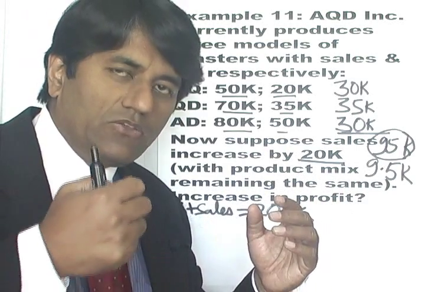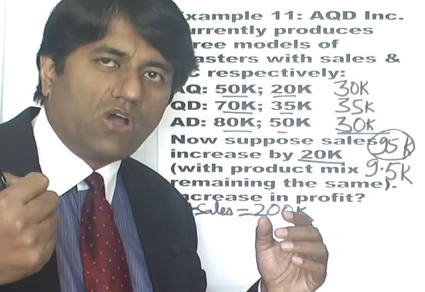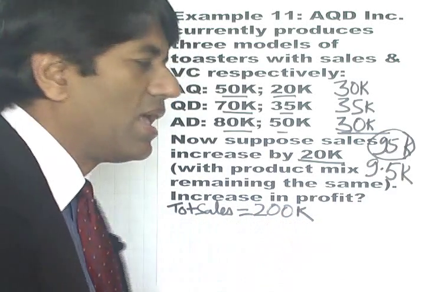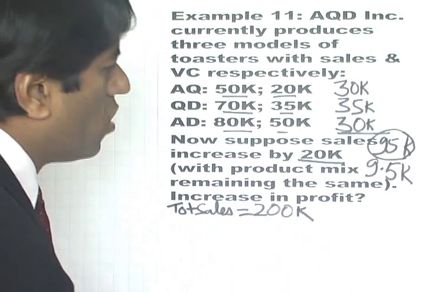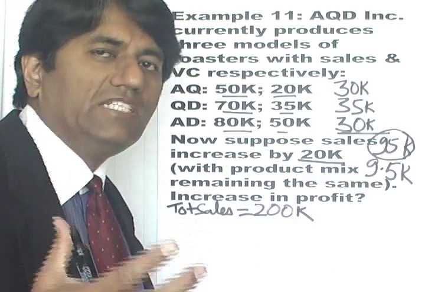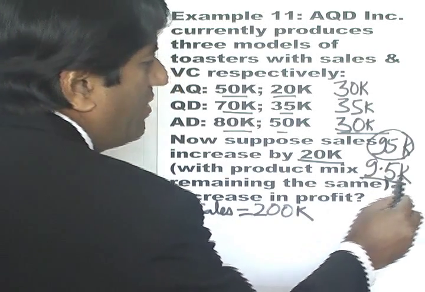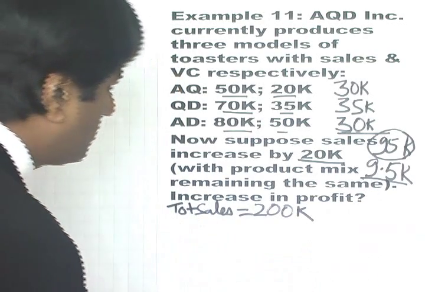If you're looking at the change in profits, then fixed cost doesn't matter, because to get the old profits, you're subtracting fixed cost. To find the new profit, you're also subtracting fixed cost. So the change in profits is simply the change in contribution margin, and that is 9.5K.